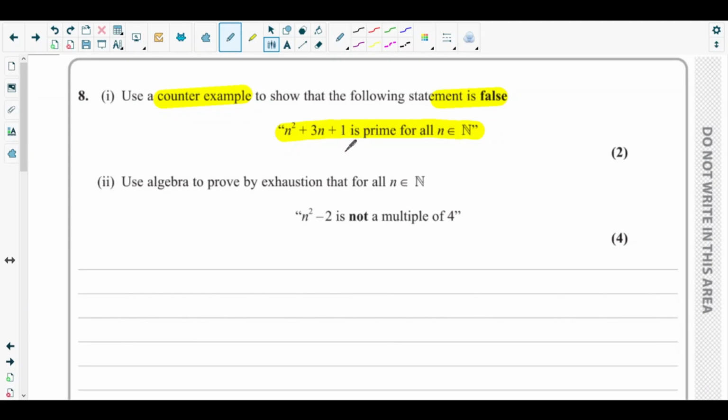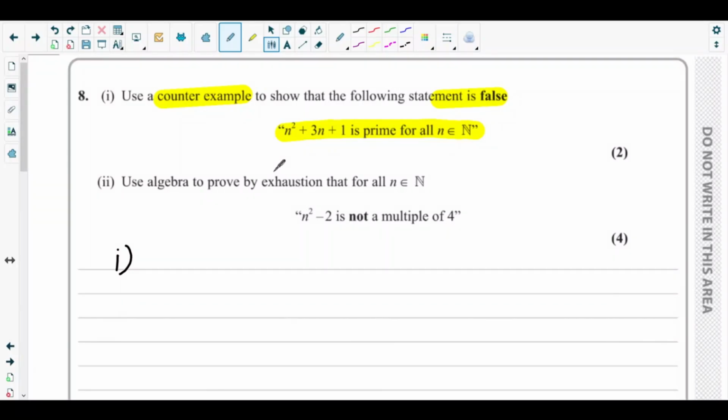Counterexample: the word counter itself says it's giving an example that is opposite, right? So we should consider a value of n such that n squared plus 3n plus 1 will not be prime.